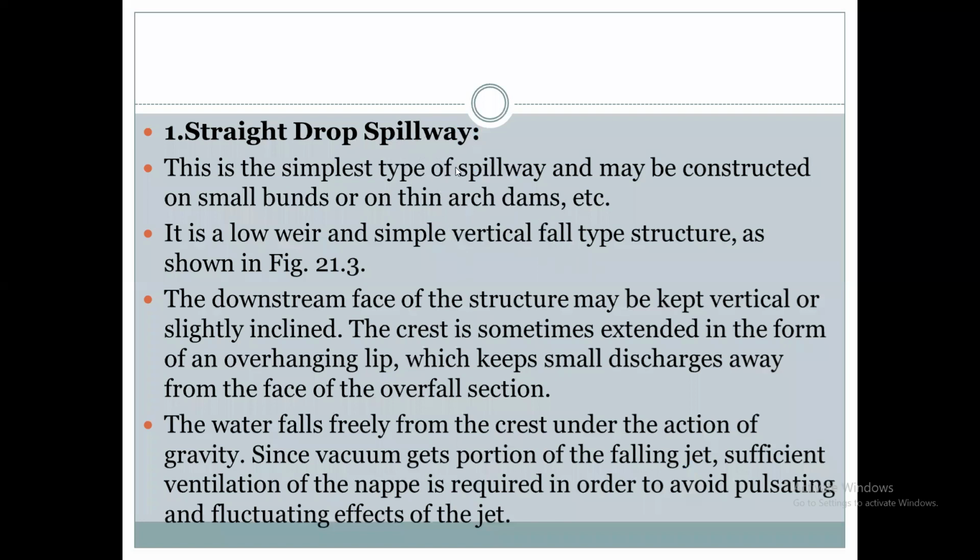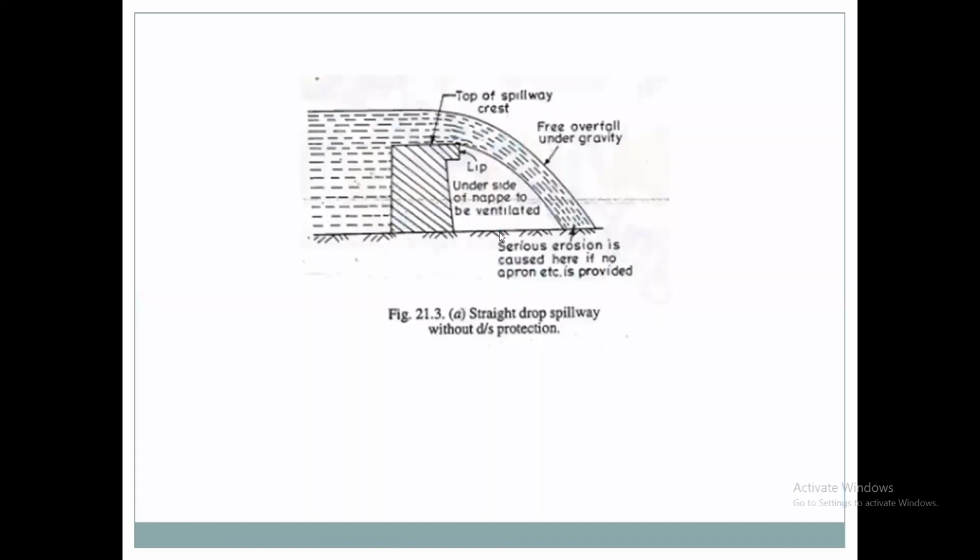There is some distance, a gap, between the vertical wall of the spillway and the water. It is a free overfall under gravity. The erosion will take place at the base of the river bed.